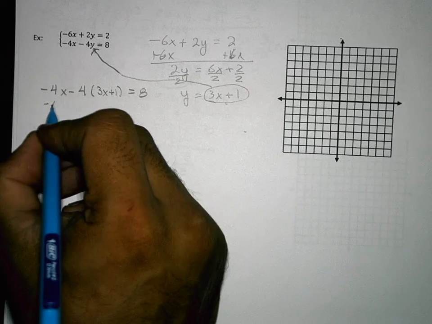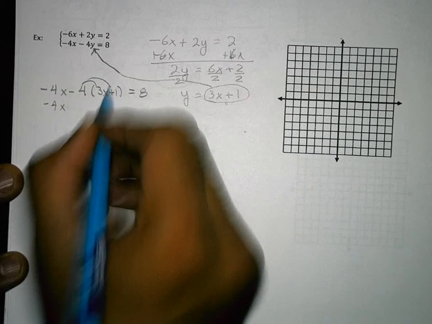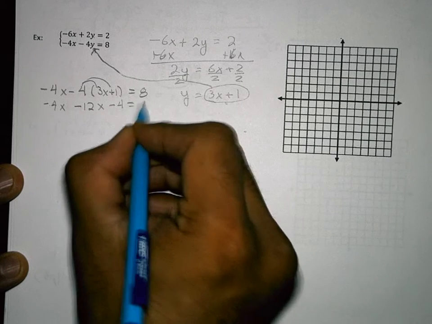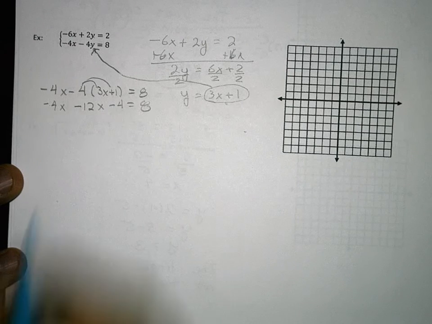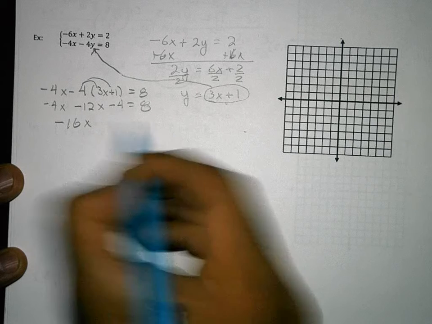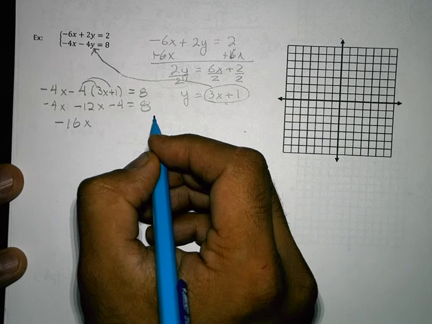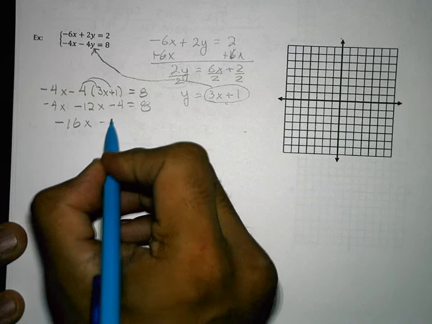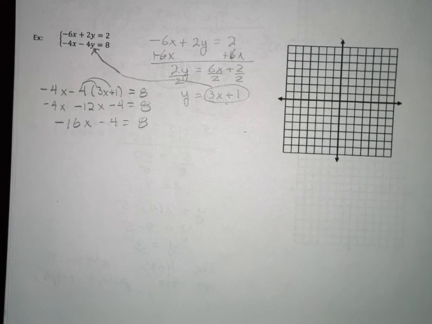So I'm going to start by using my distributive property. Combine like terms. Just double checking everything here. Okay. And then minus 4 equals 8.